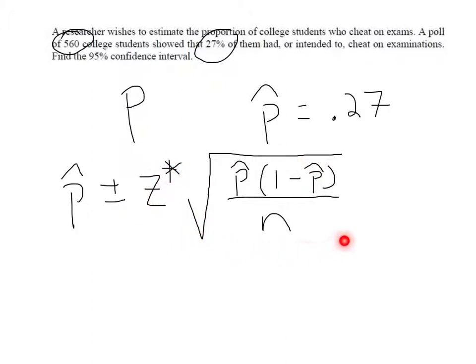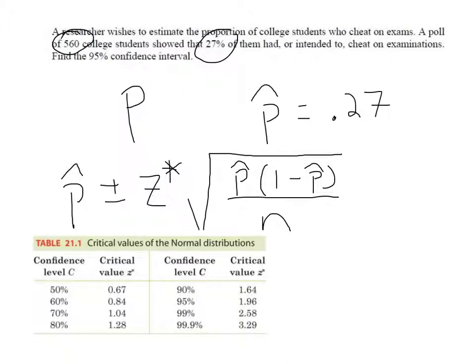This whole side over here is our margin of error that we're going to add and subtract from that sample proportion to get our confidence interval. Okay, so we know p-hat, we know the sample size, so we're going to be able to calculate it.